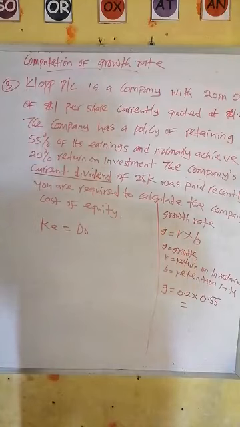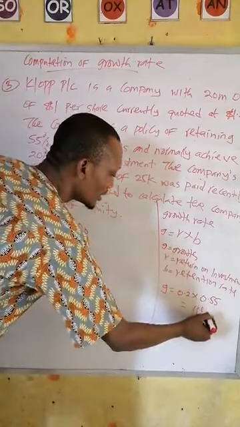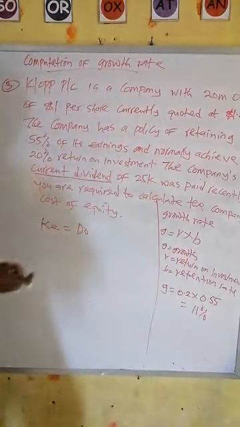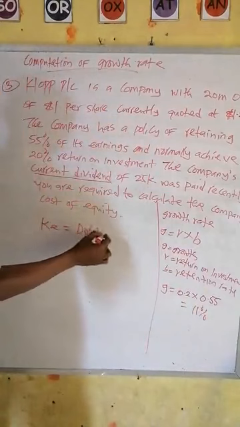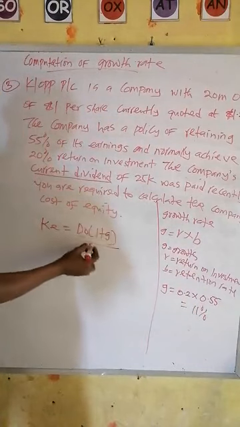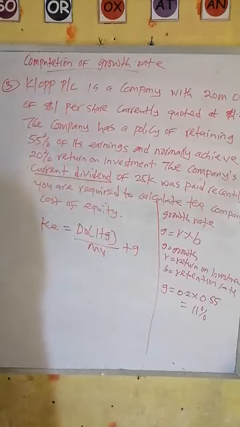So we have 11%. That is the growth rate, the growth rate I'm going to use here now. Let's make the formula D0 (1 plus G) all over market value plus G.